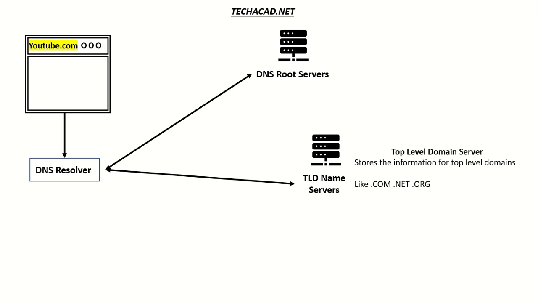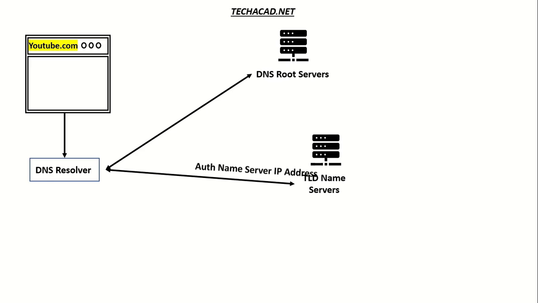TLD name servers or top level domain servers store the information for top level domains like .com, .net, .org, etc. This particular TLD name server is associated with .com, as we are looking for the IP address of youtube.com. So the TLD name server will respond to the DNS resolver with the IP address of the respective authoritative name server.